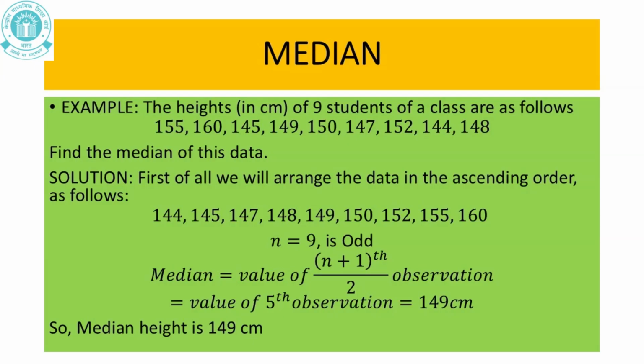Here, n equals 9 is odd. So, median equals the value of the (n plus 1) upon 2 observation, which gives the value of the 5th observation, which is 149 centimeters. So, median height is 149 centimeters.